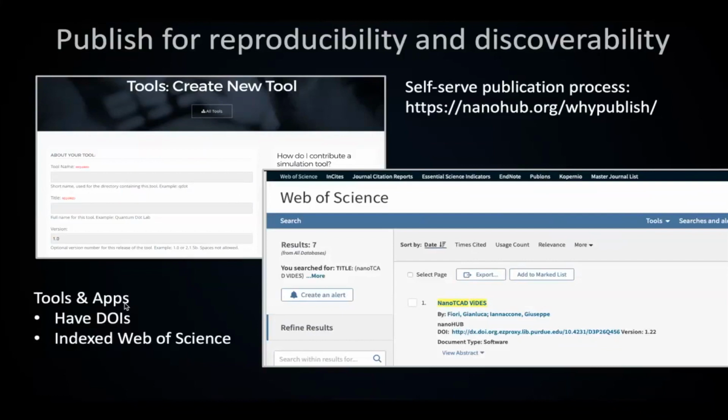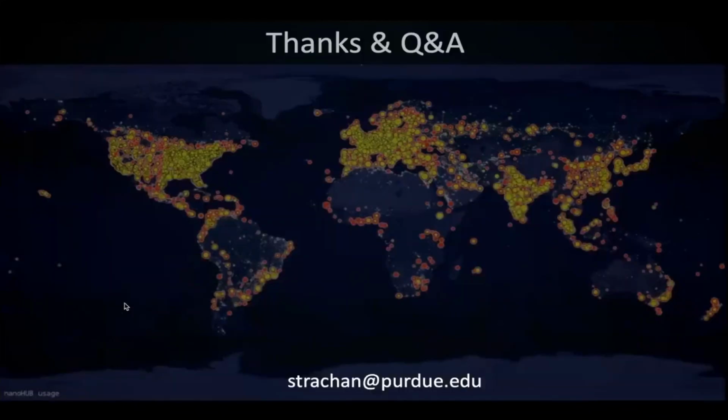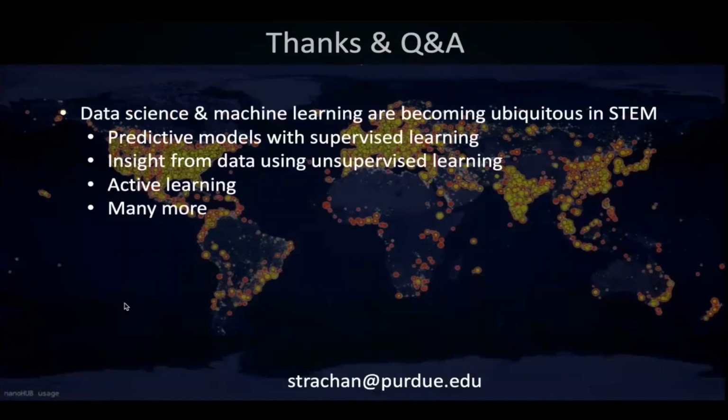They're also indexed by Web of Science as actual data publications, so you can get usage stats and citations. So we try to provide incentives and reward people who are willing to share their data and their material to help the community. And I'll finish with a few final thoughts.